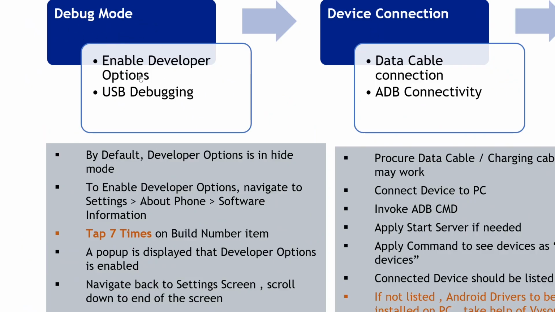For debug mode, enable the developer options and USB debugging. If you don't do this, it will not allow talking to your device. By default these options are disabled, and the location of these options differs from device to device, so you may Google it or check that particular device's documentation to find where USB debugging is available.